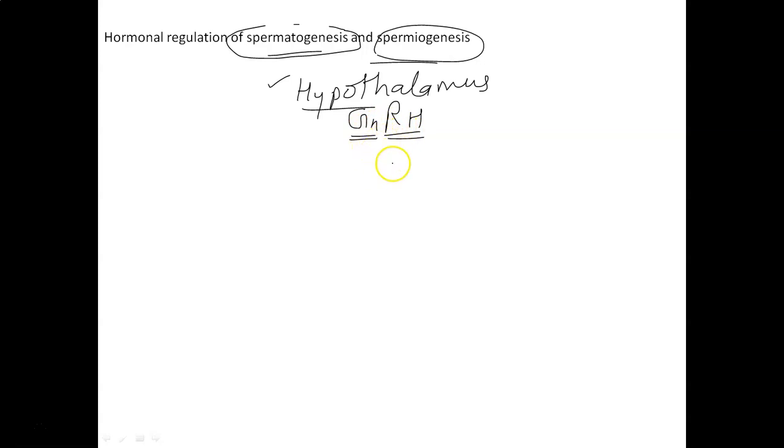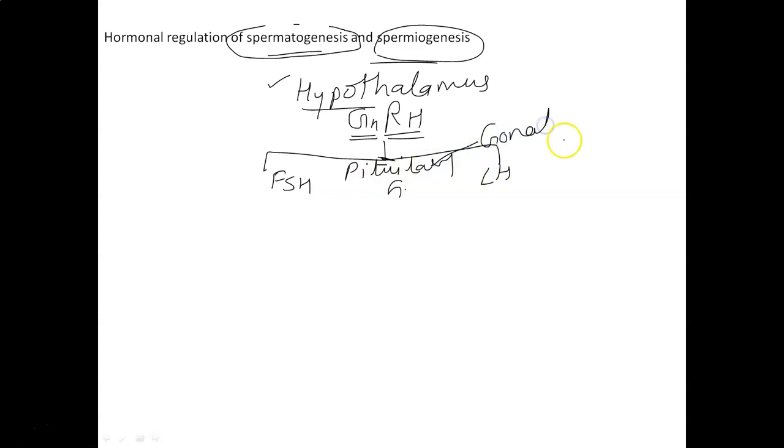Now this GnRH will act on the pituitary gland, and the pituitary gland will secrete first FSH and second LH. So pituitary gland will secrete gonadotropins, and gonadotropin releasing hormone is secreted by hypothalamus.